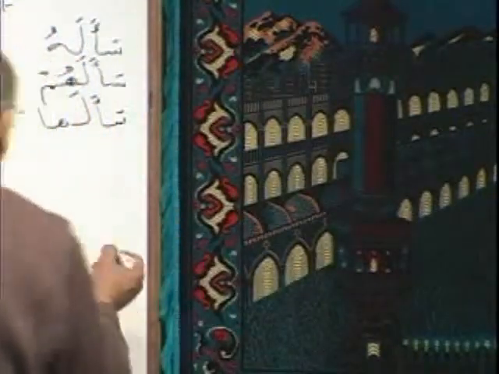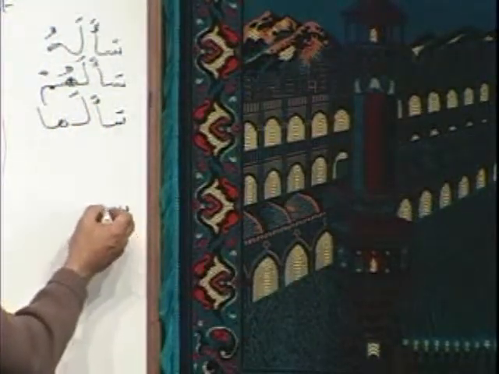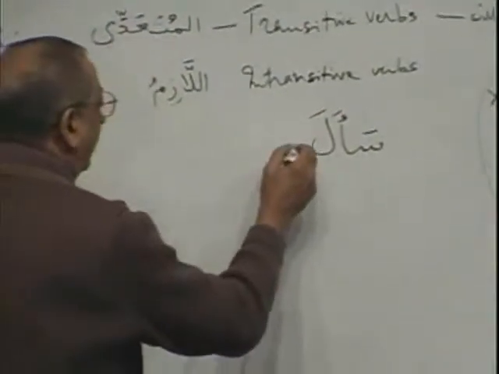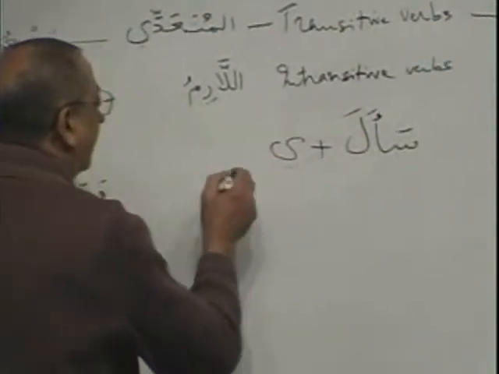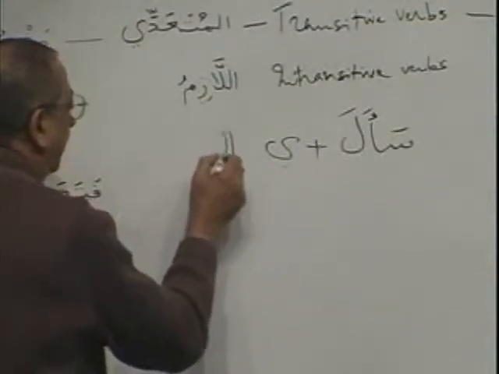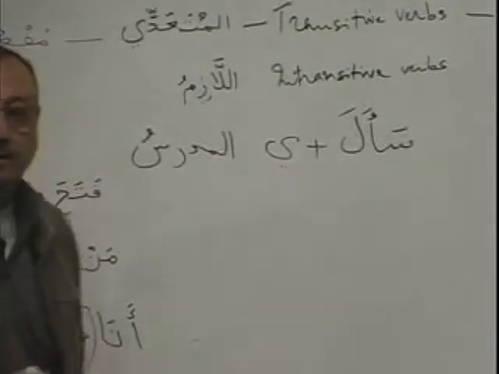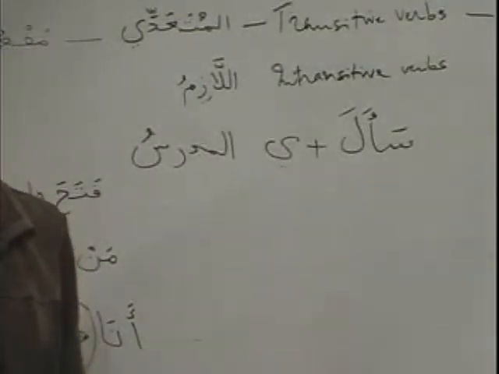See, here is the verb, brother and sister. What is the verb? You should understand this very well. Sa'ala, this is your verb, and this is your mafulun bihi, and I will put here mudarris also. Mudarrisu, this is your fa'il. Are you with me, brothers and sisters? Okay.